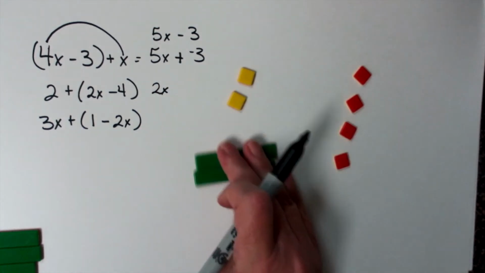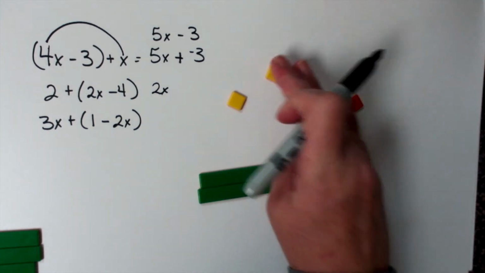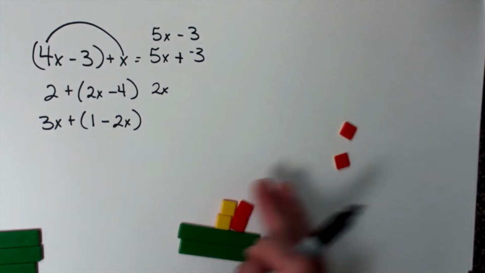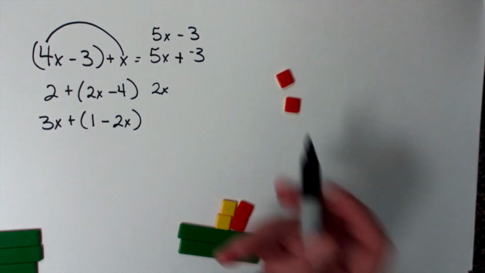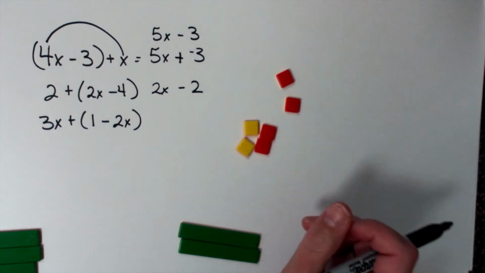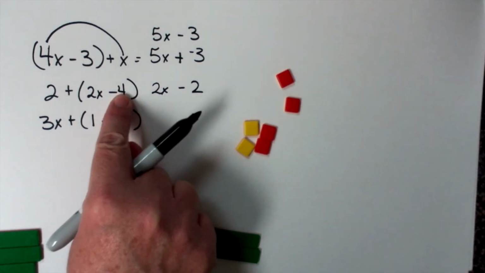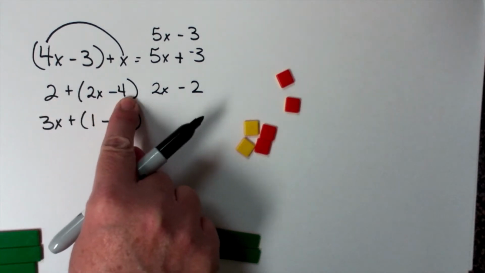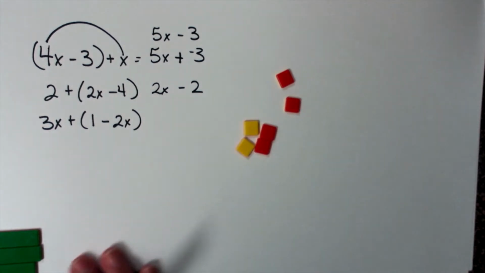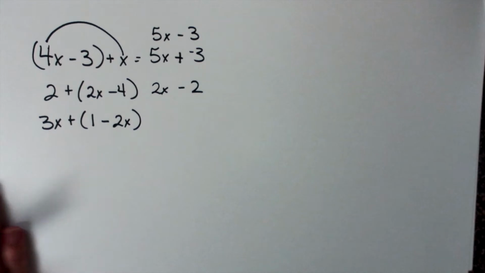And then I'm going to combine these because they zero pair out. And if they zero pair out, I'm left with negative 2, or subtract 2. Because like I said, these zero pair out. And it's the same as 2 subtract 4, I will end up with negative 2. So that's evaluating that one.